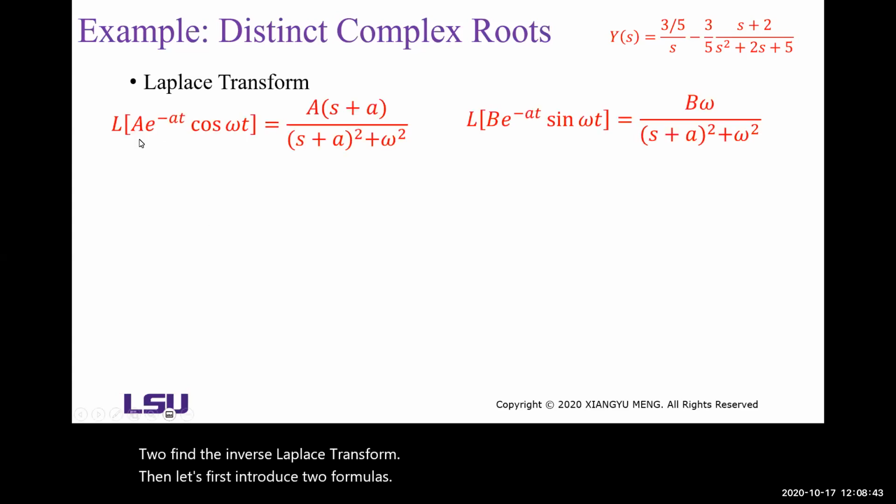The first one is the Laplace transform of a constant A times exponential minus a times t times cosine omega t.